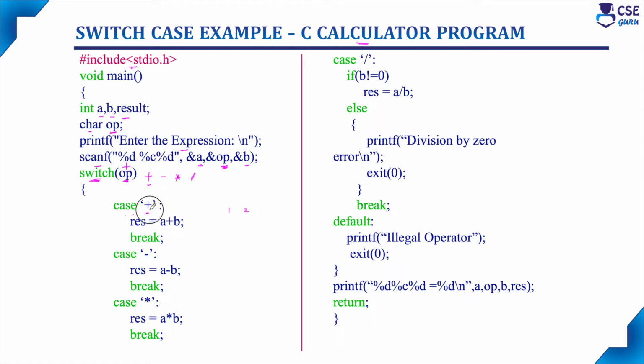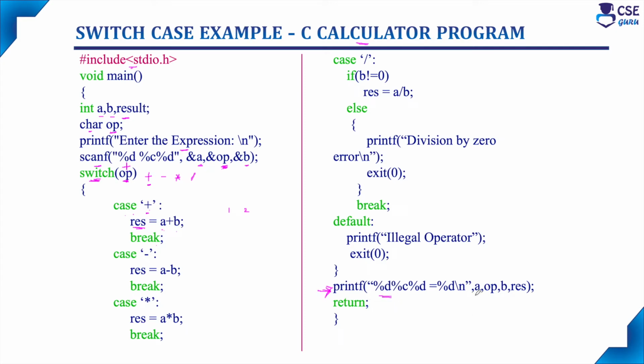If it is the plus operator, result is equal to a plus b. The a value and b value will be added and the result will be stored in result. And then break. So after executing this case statement, it will break from the switch statement. Immediately control will transfer out of the switch statement. So control will go here, and here it will print.